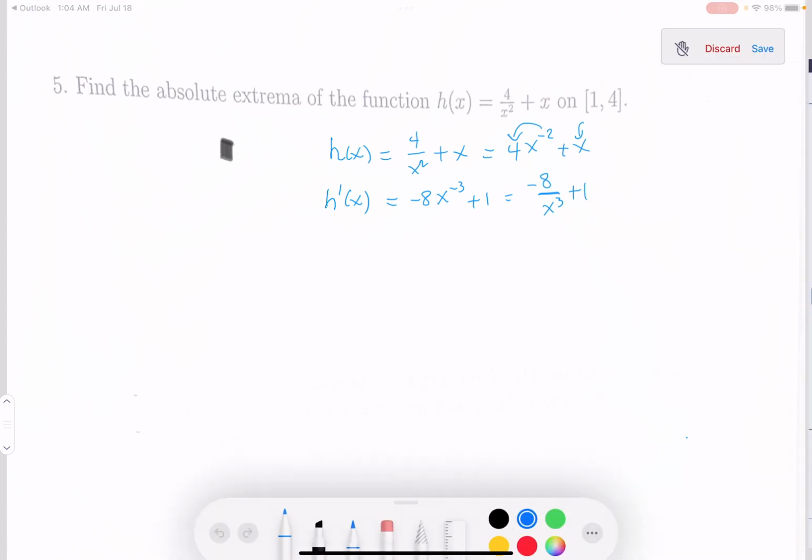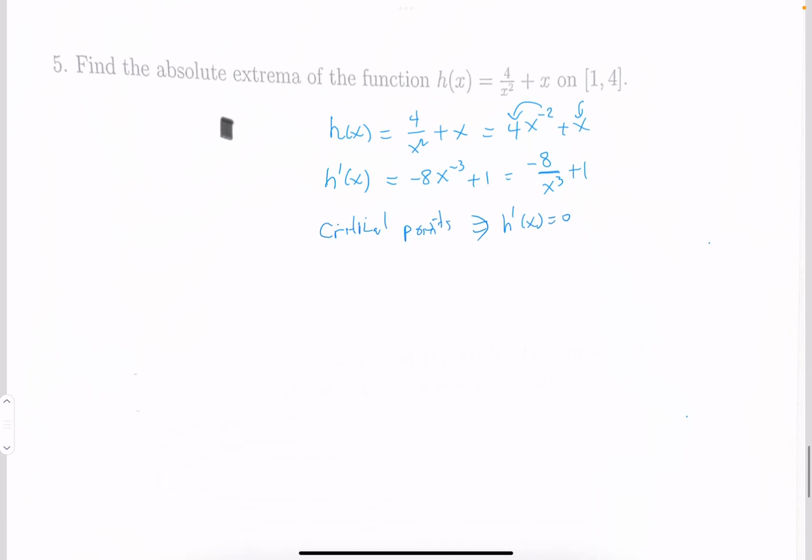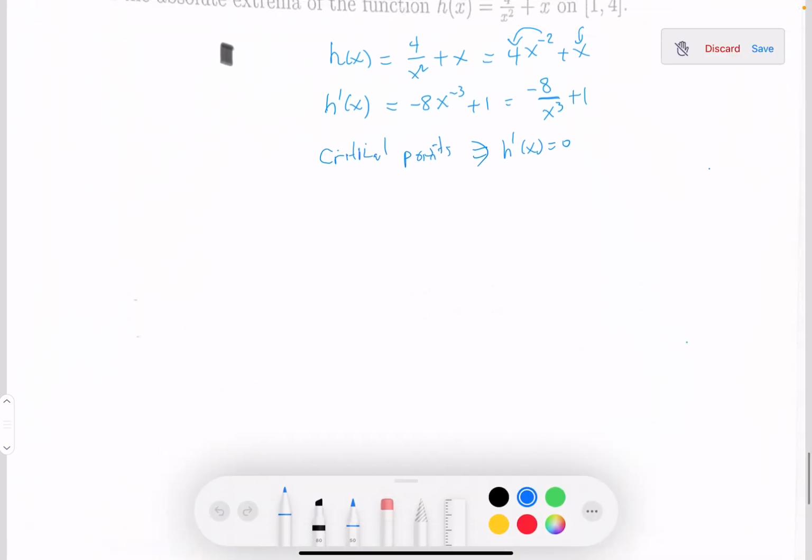Next, we have to find the critical point by making h'(x) equal to 0. So minus 8 over x cubed plus 1 equals 0.